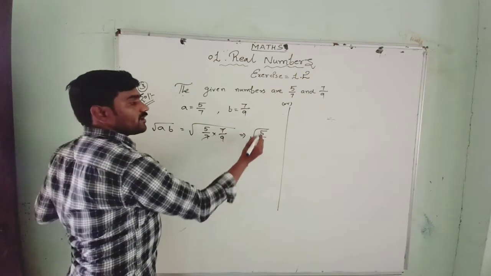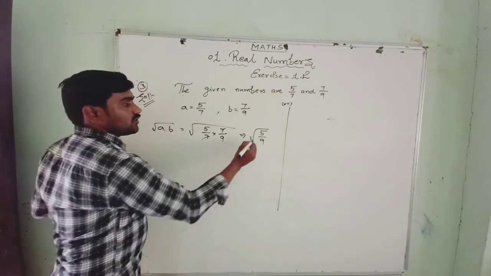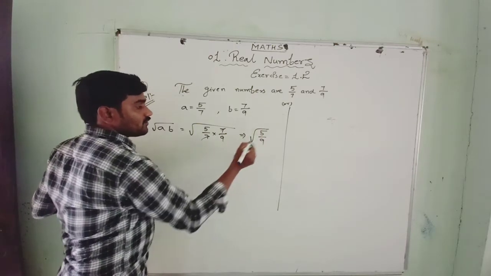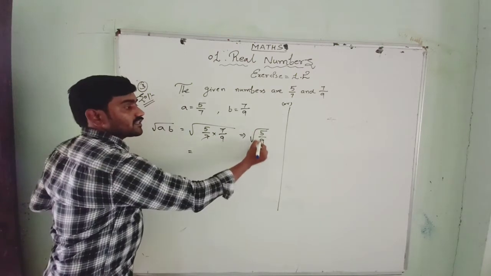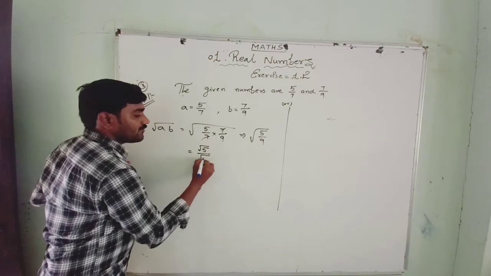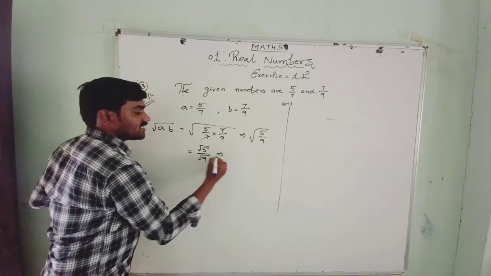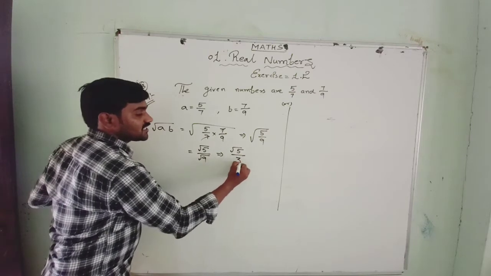See, root 5 by root 9. How can you say it is an irrational number? Let me write now. So it is under root of 5 by 9. It can be written as, this will divide this root for numerator and denominator. Numerator is root 5 and denominator is root 9. Root 5 is an irrational number, and root 9 value is 3.